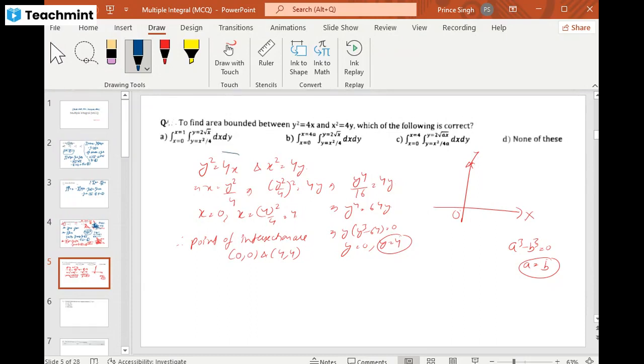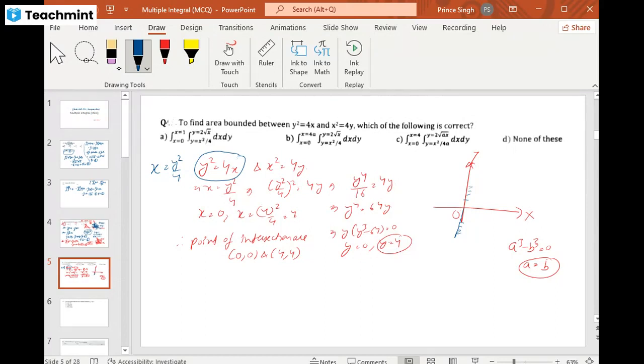Firstly, I am considering y square equal to 4x, which means x equal to y square by 4. Because x is equal to y square, and the square of a number is always positive, y can be negative or positive, but the corresponding value of x is always positive.